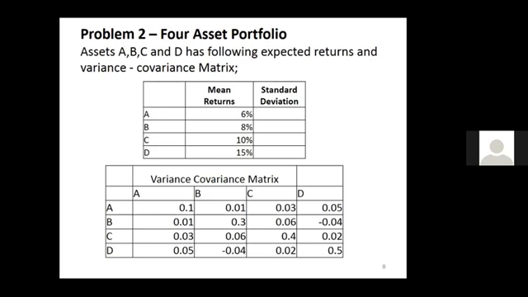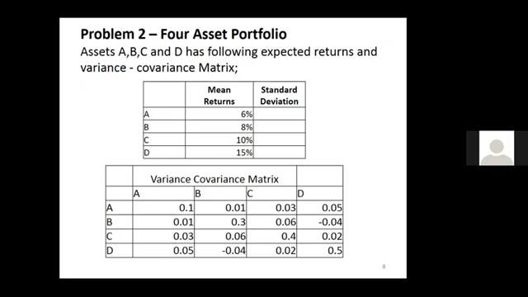So why is the variance mentioned here? Between A and A, can we observe the covariance value? We can't observe it. Between the same asset, we have the variance value. Between B and B, we have a variance value. Between C and C, we have a variance value. Between D and D, the same, a variance value.